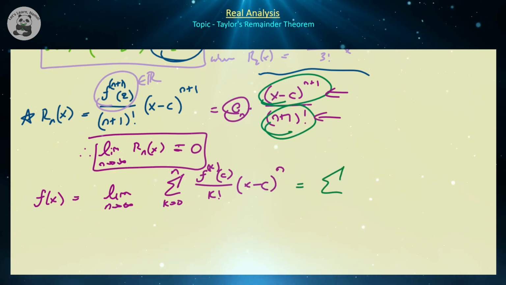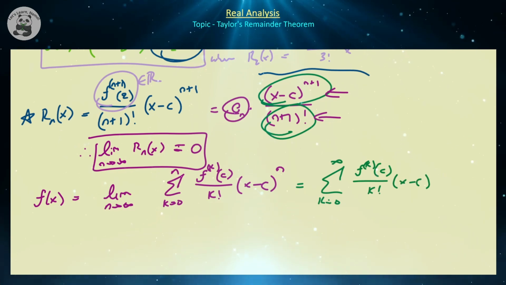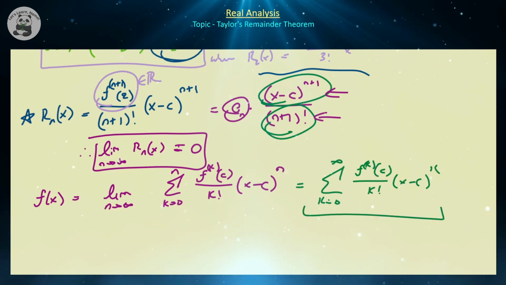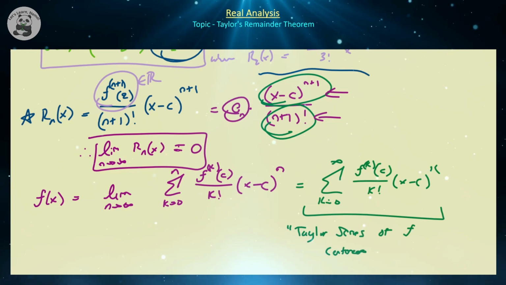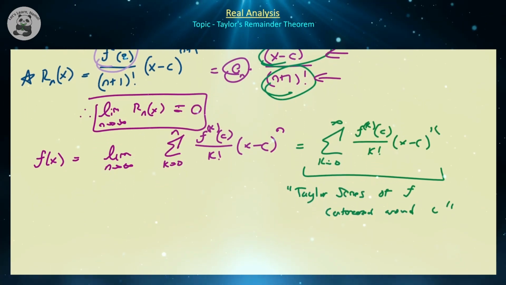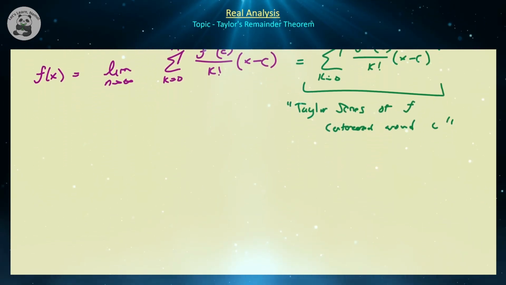Which we sometimes write as the sum from k equals 0 to infinity, provided it converges, of the kth derivative at c all over k factorial times x minus c to the power of k. This is sometimes called the Taylor series of f centered around c, right?